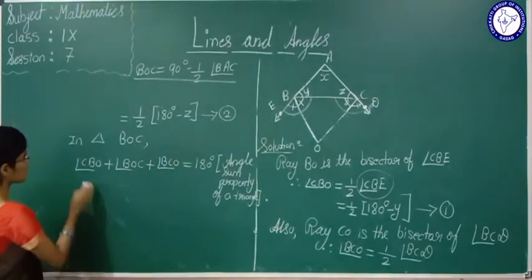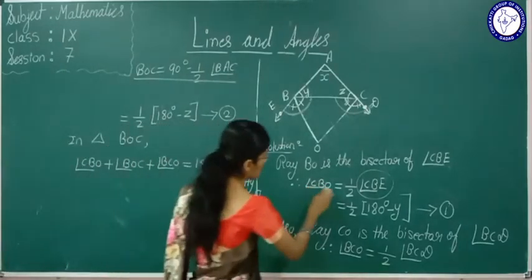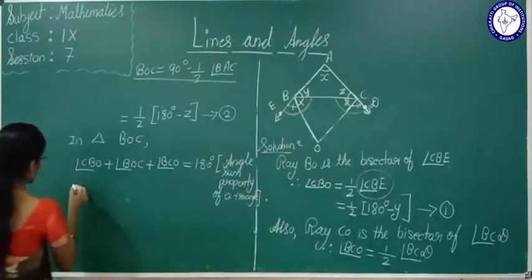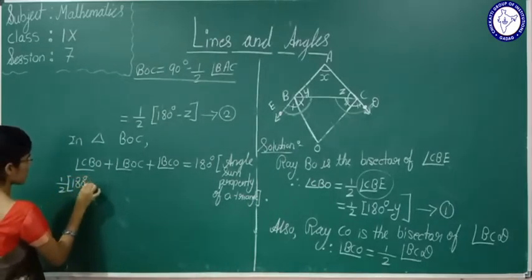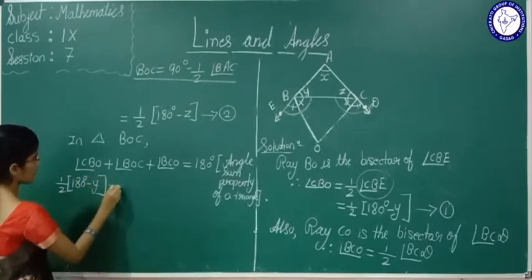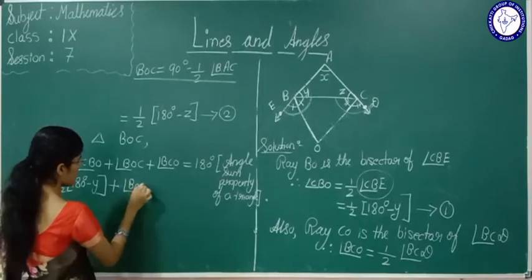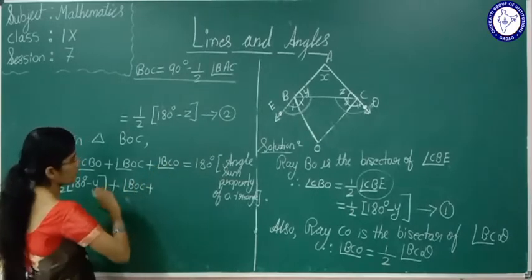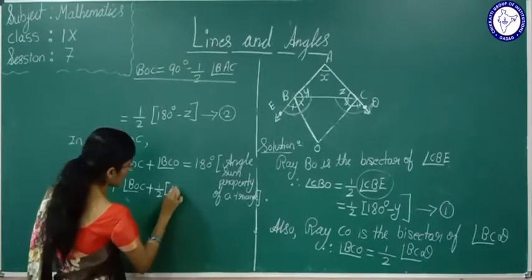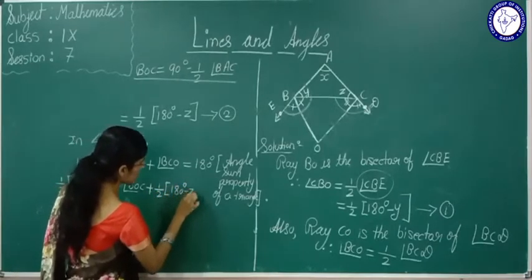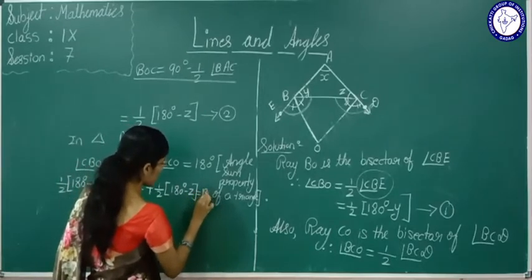Now we will substitute here angle CBO. Angle CBO is nothing but what we got, half of 180 degree minus y, plus angle BOC. We don't know what BOC is. BCO is nothing but half of 180 degree minus Z, is equal to 180 degree.